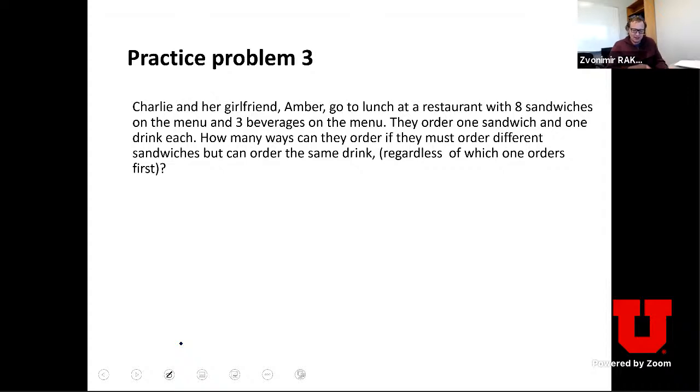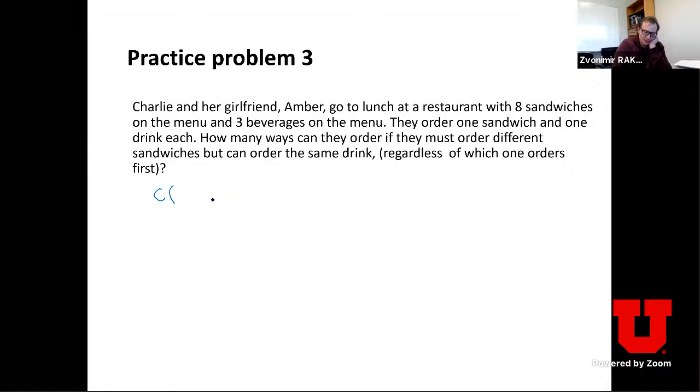So sandwiches: they cannot order the same sandwich, so that means that there are no repetitions. And as I already said, the order does not matter. So no repetitions, the order doesn't matter. So these are our combinations. So we are choosing 2 sandwiches out of 8 possible different sandwiches.